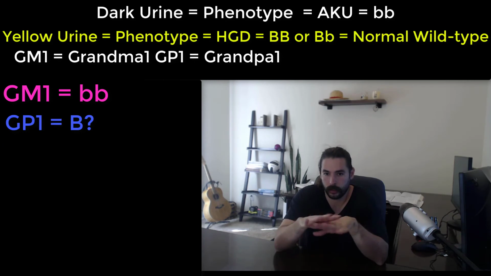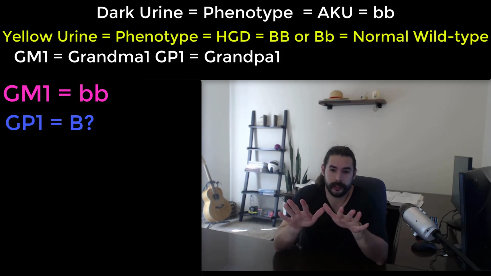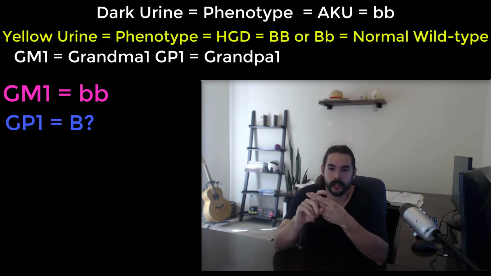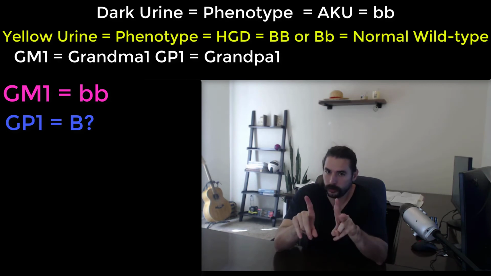All the children are going to be heterozygous. You know they're heterozygous because they all have yellow pee, which means they have at least one normal wild type allele. And the grandmothers have black pee, which means they can only donate one of those AKU alleles.